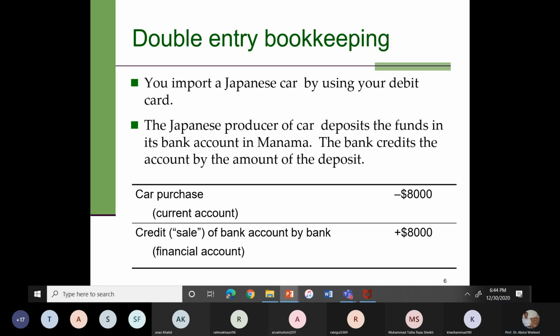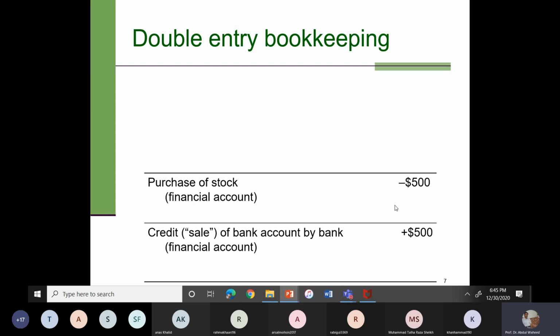Okay, with negative sign there will be an entry, and then there will also be an entry of positive 8,000 because it would be credited in the bank account. Okay, suppose in Islamabad, or if you are a Bahraini national, then Manama, it has a bank account, suppose. So in this way, we make entry. This is another example. Let me show you.